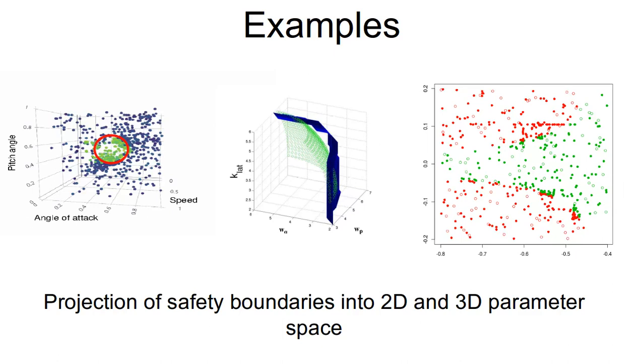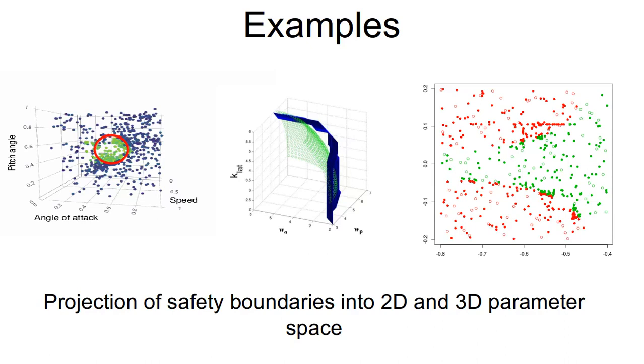For example, here on the left-hand side, this was an example on some deep neural network learning software system for aircraft dynamics. Blue dots correspond to unsafe regions. Green dots correspond to test cases which resulted in safe cases.